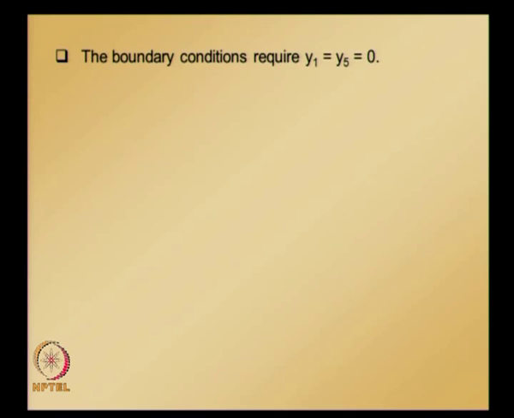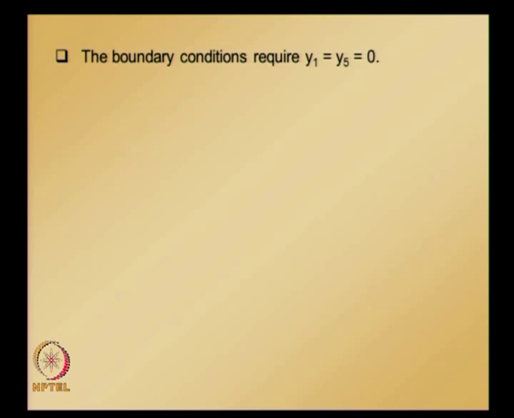These are the boundary conditions: y1, y5 equal to 0, because the essential boundary conditions for this problem are y evaluated at x equal to 0 is 0, and y evaluated at x equal to L is 0. So, y1, y5 are 0.